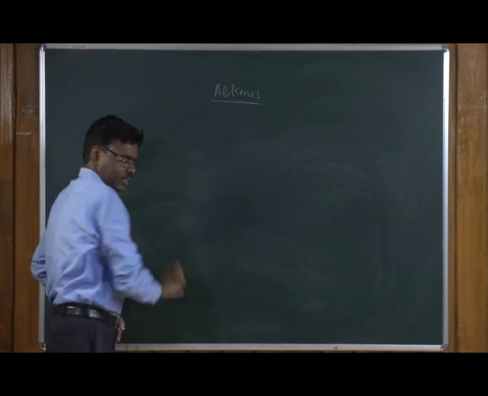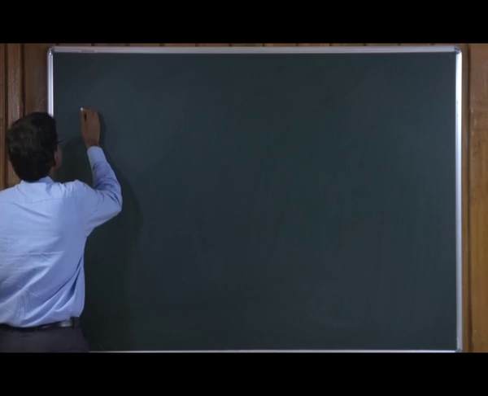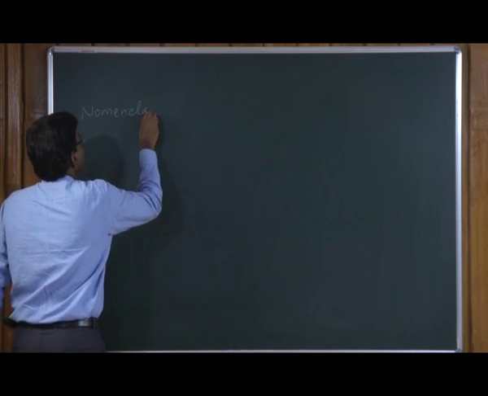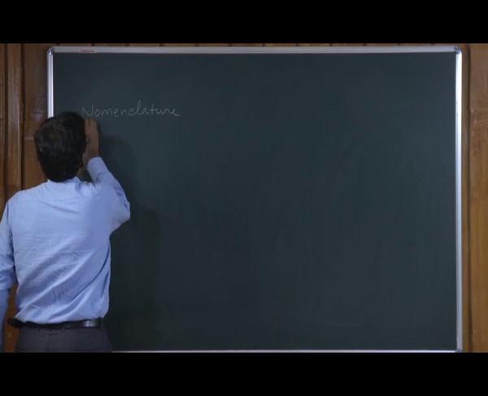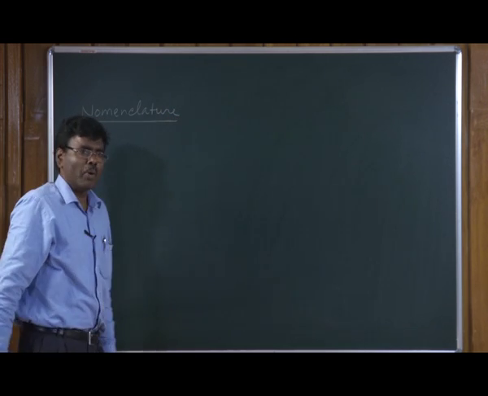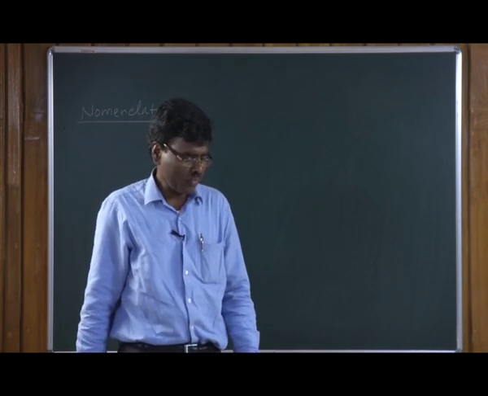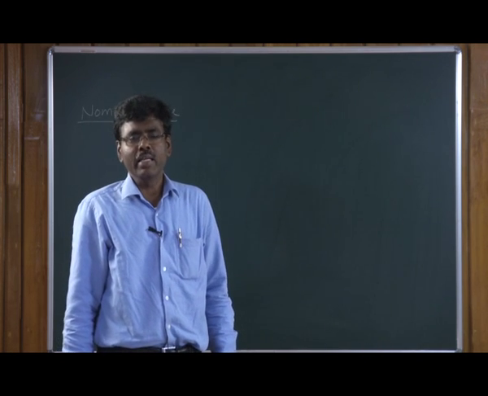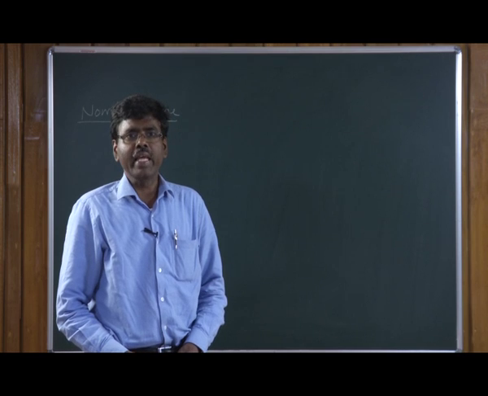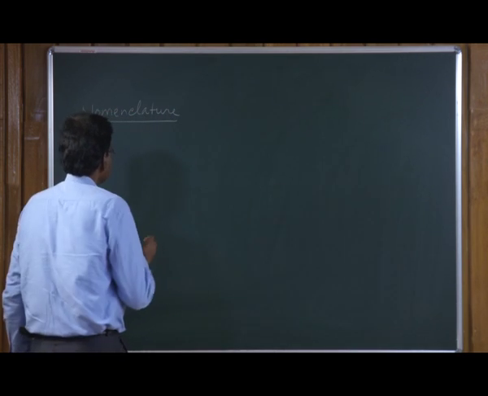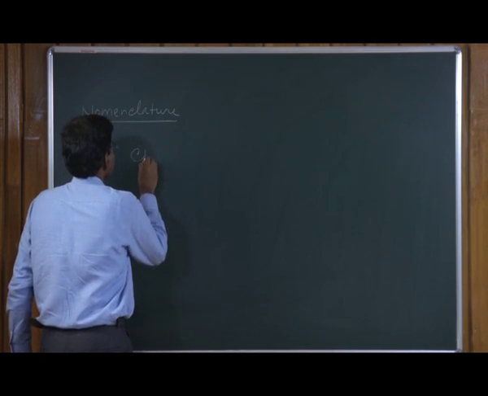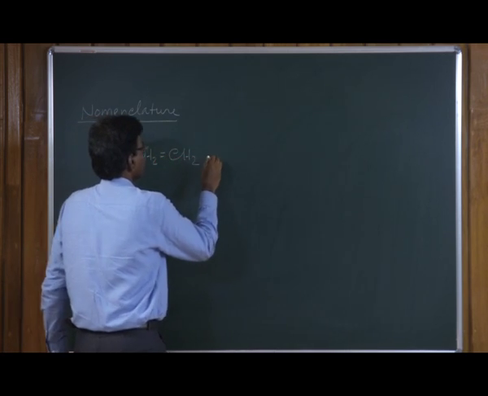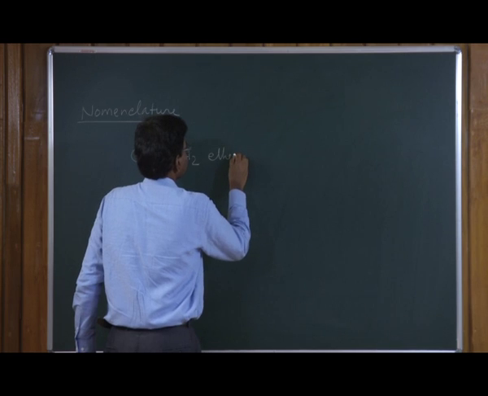Now, let us look at nomenclature. In the IUPAC system, the names of alkenes are derived from the corresponding alkanes by replacing the suffix ane with ene. For example, this is called ethene.